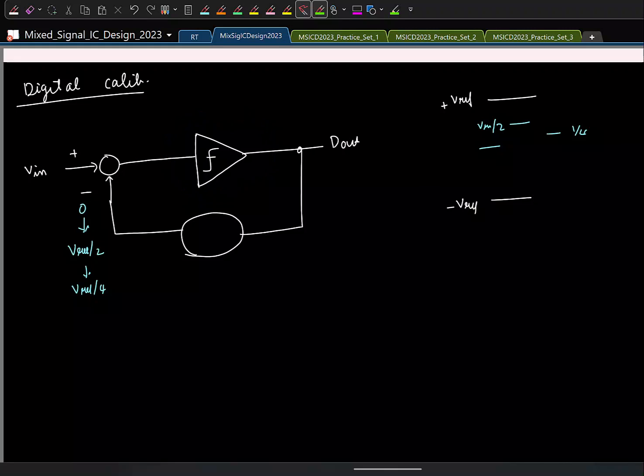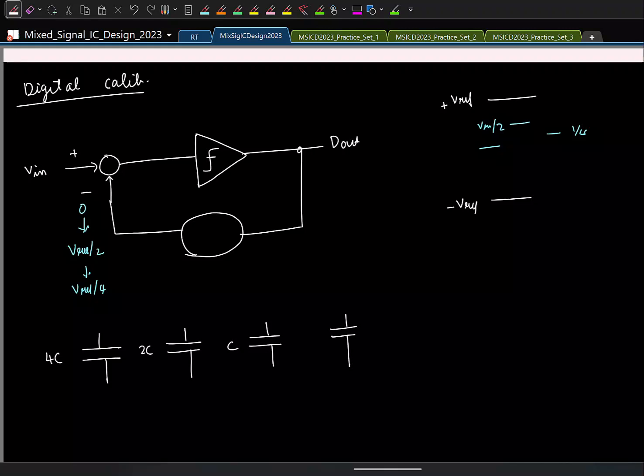Now let us consider what will happen if we have a mismatch in the capacitors. For that, let's take a simple 3-bit case. I have, let us say, 4C, 2C, and this is always connected to Vref. Now let us say this is controlled by bits B3, B2, B1.